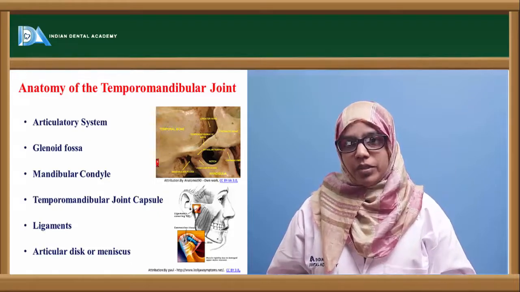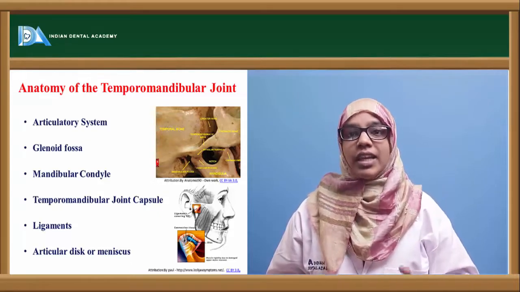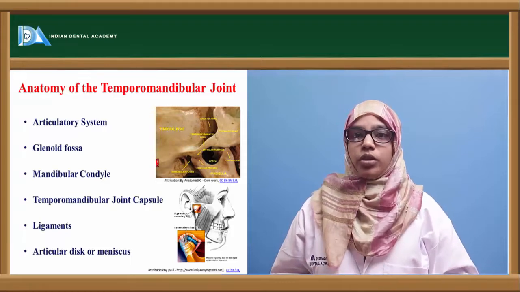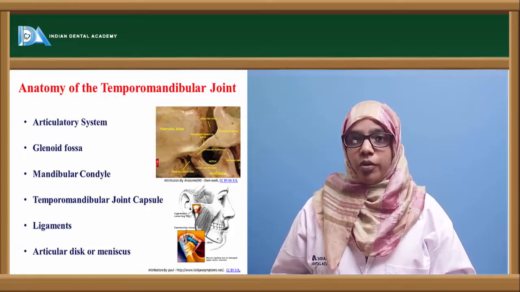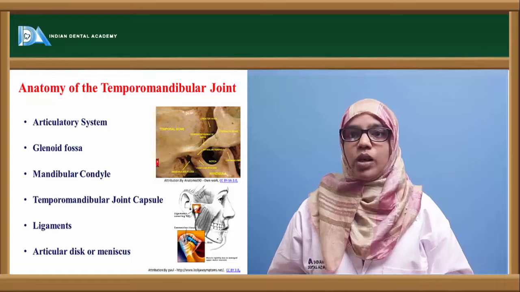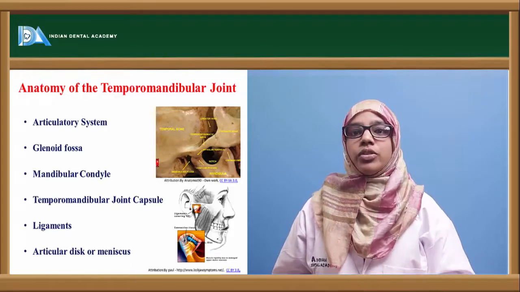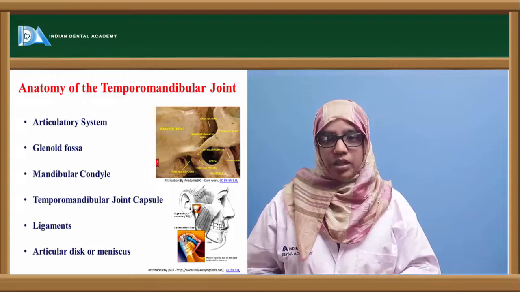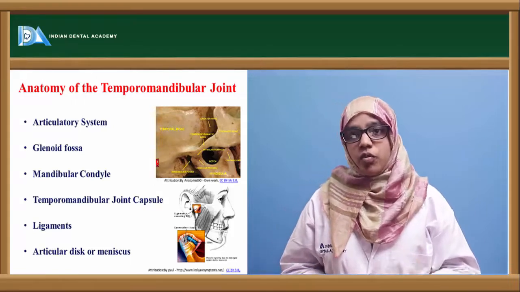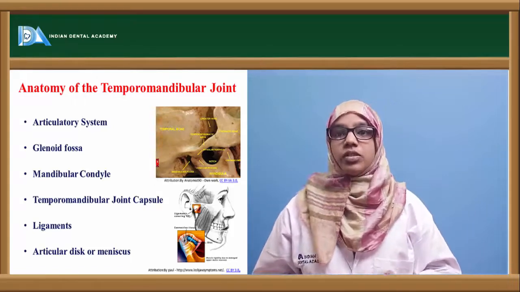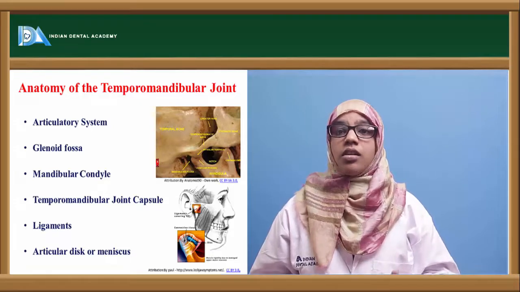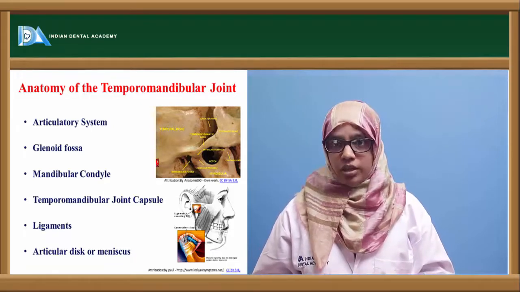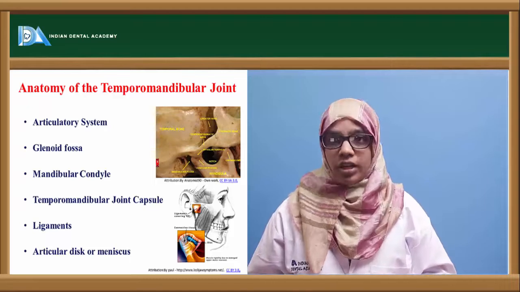Now this lateral capsule is further reinforced by the lateral ligament or temporomandibular joint ligament, which starts from the articular eminence, moves downwards and backwards and attaches to the posterior part of the neck of the mandible. Now this ligament restricts the movement of the mandible in anterior and posterior direction, that is, it prevents unnecessary mandibular movement and dislocation. Hence it is termed as the check ligament.